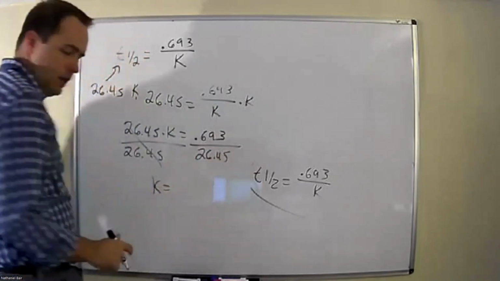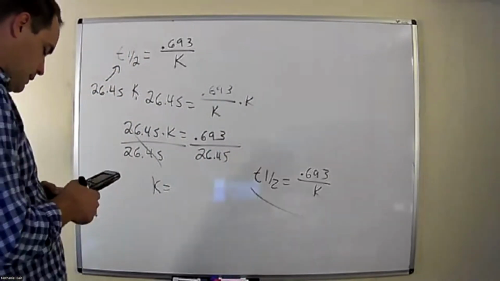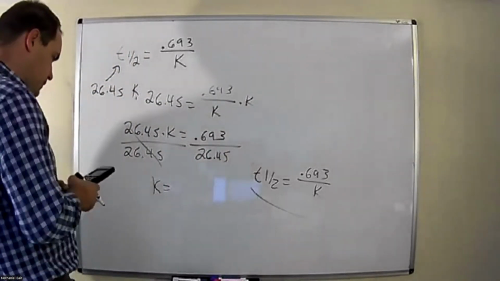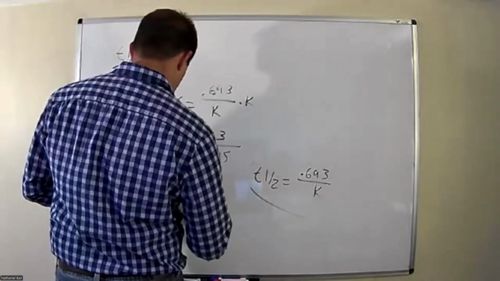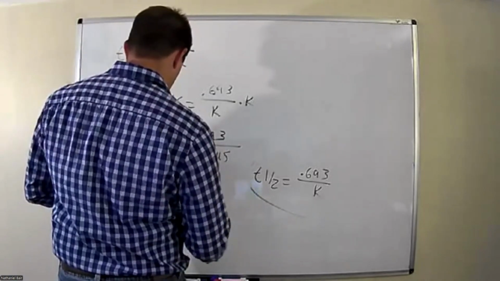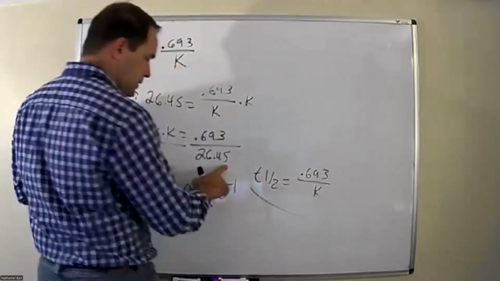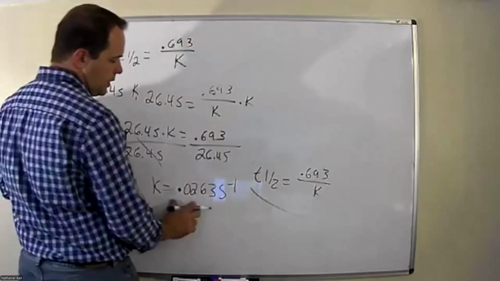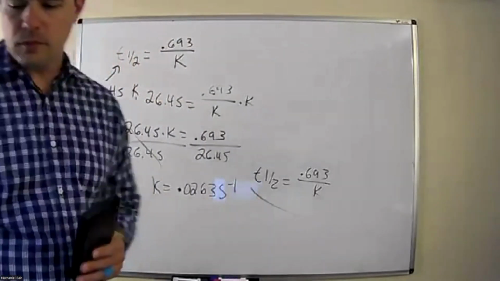And the rate constant equals 0.693 divided by 26.4. That comes out to 0.0263, and that's seconds to the negative first. That seconds is in the denominator, so that's over seconds, or seconds to the negative first. Cool.